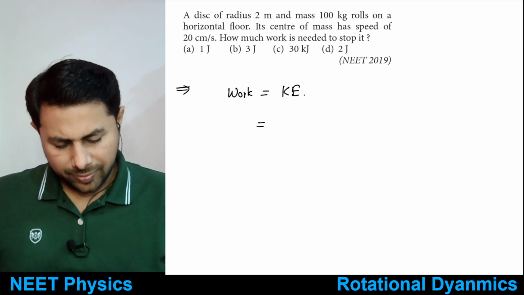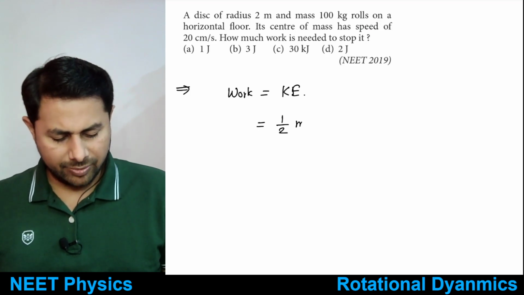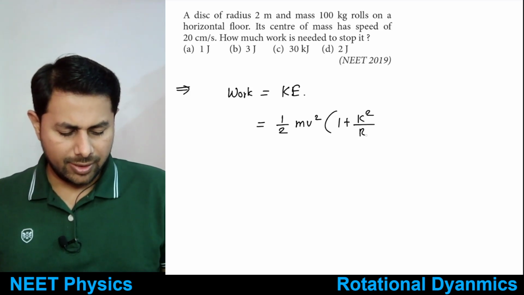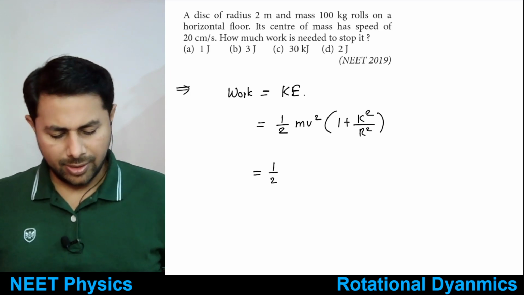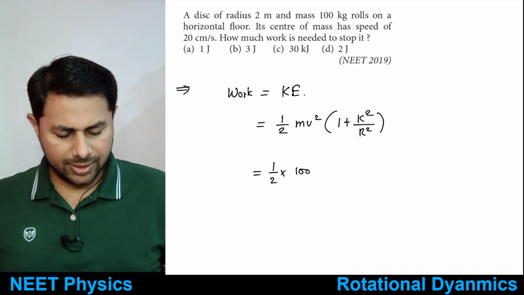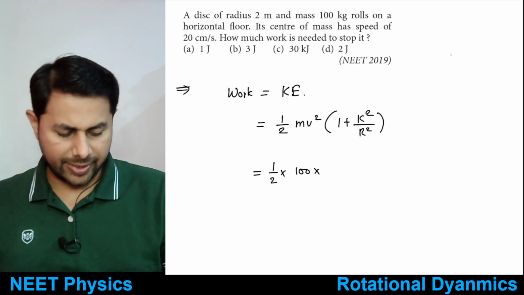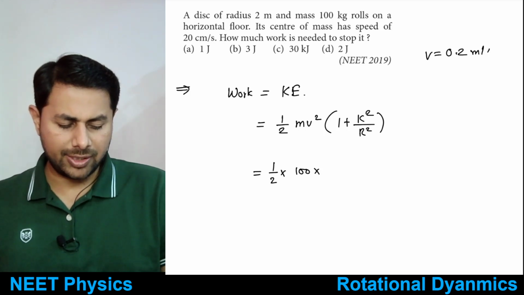So what is its kinetic energy? It is rolling, no? It rolls. Okay, so it's half of mv square multiplied by 1 plus k square divided by r square. Just put the values. So it is half of, mass is 100 kg, then v square, v is 20 centimeters per second. So v is 0.2 meters per second, right?